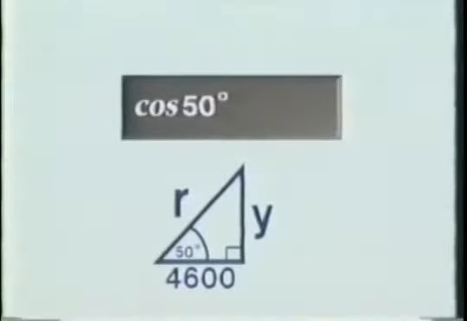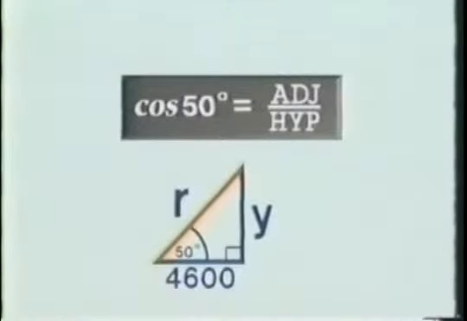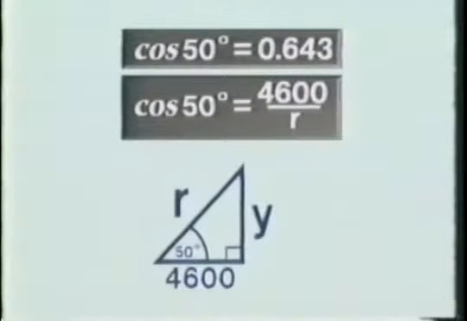However, using the cosine ratio, we can find side r. The cosine of 50 degrees equals adjacent over hypotenuse, or 4,600 over r. A calculator gives the value of cosine 50 as 0.643.